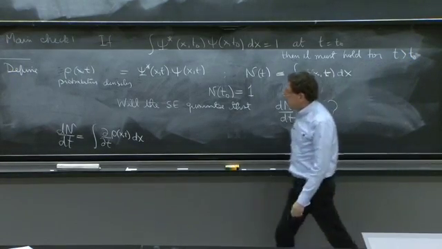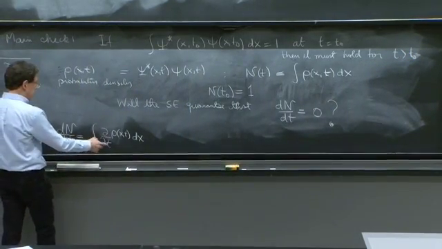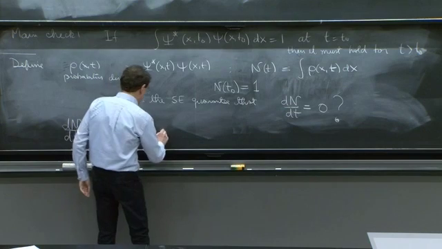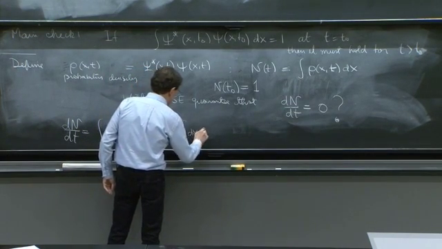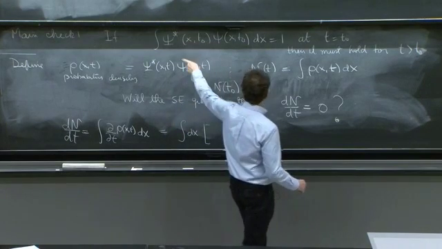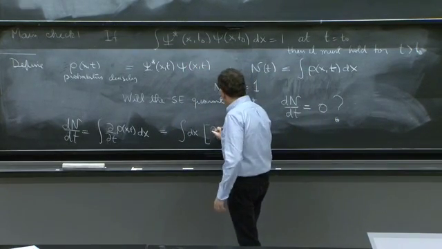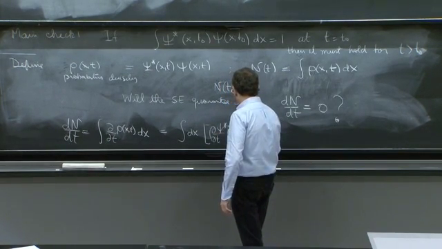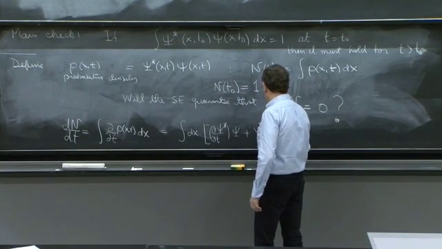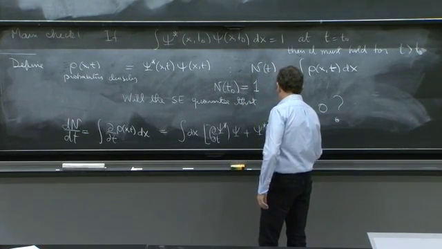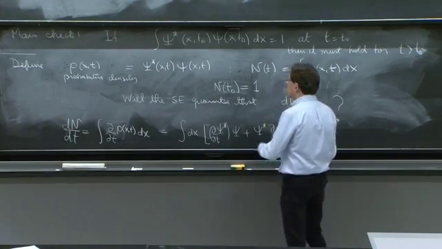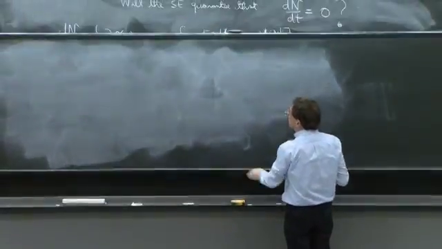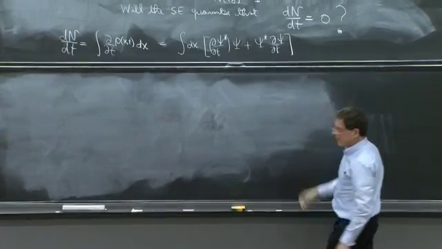So I must make clear that I'm just differentiating t. So it's d/dt of rho. And now we can write it as integral dx. What is rho? It's psi star psi. So we would have d/dt of psi star times psi plus psi star d/dt of psi.